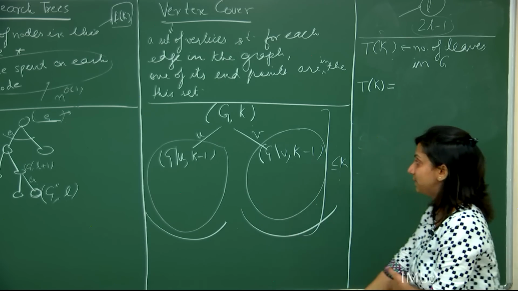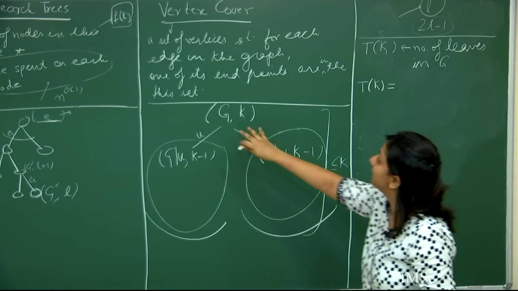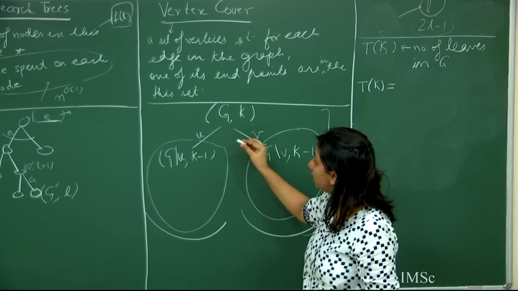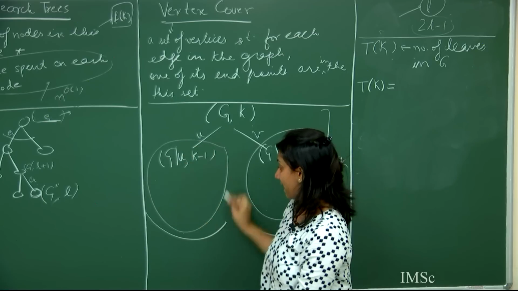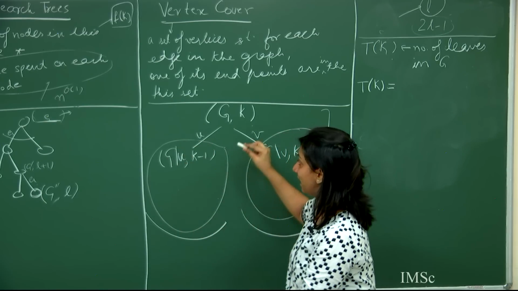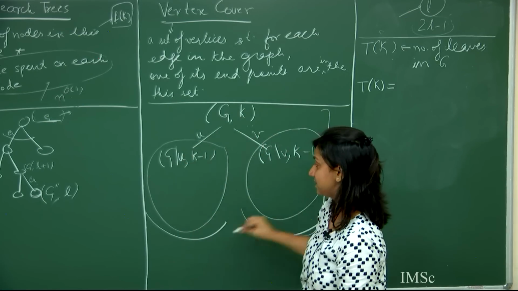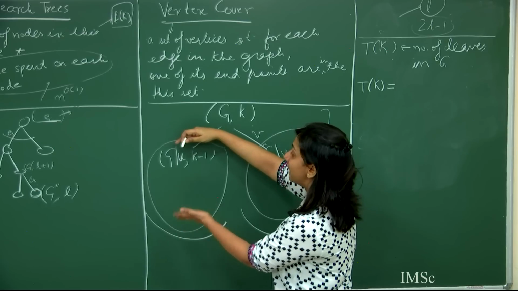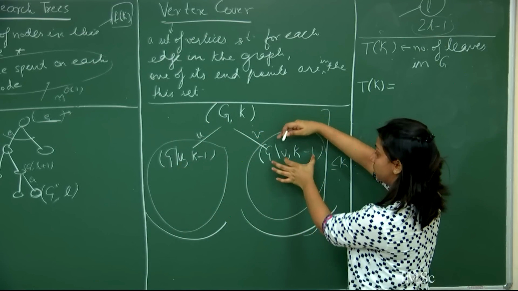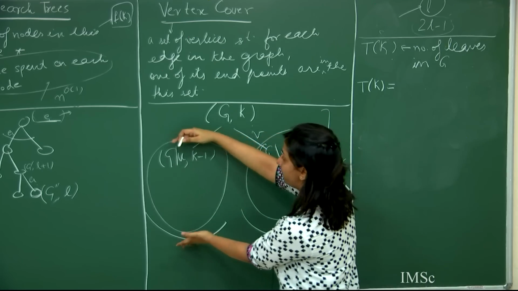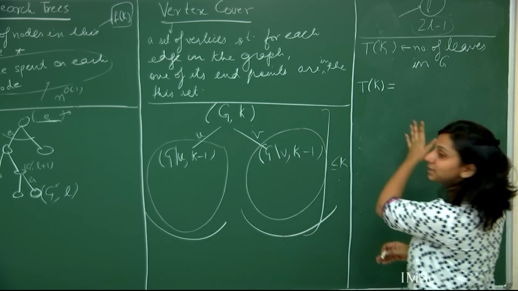That's all that I'm saying: if the number of leaves here is denoted by Tk, then this is equal to the number of leaves in the subtrees. This is a tree, and this is one subtree rooted at this node, and this is the subtree rooted at this other node. So it's this plus this.